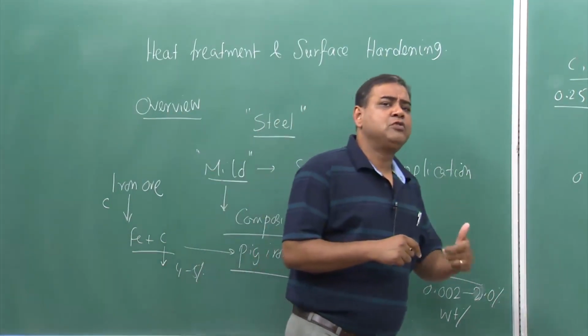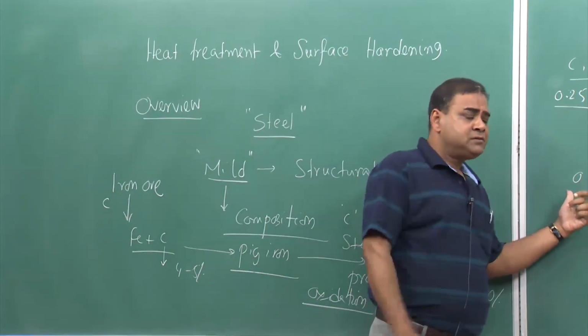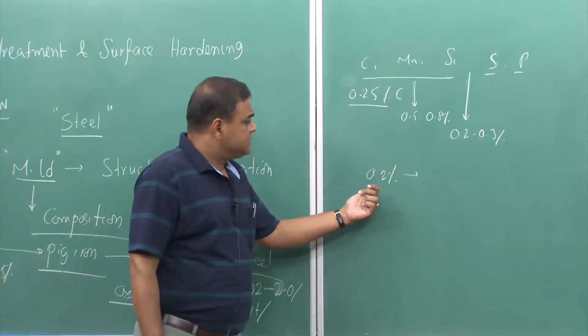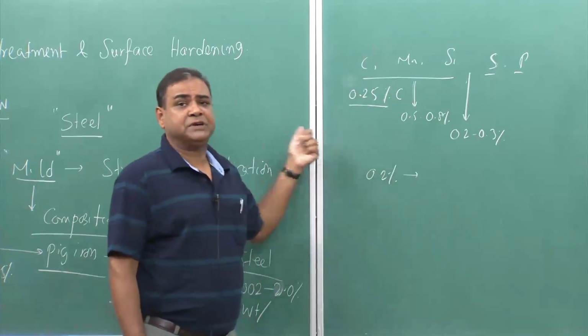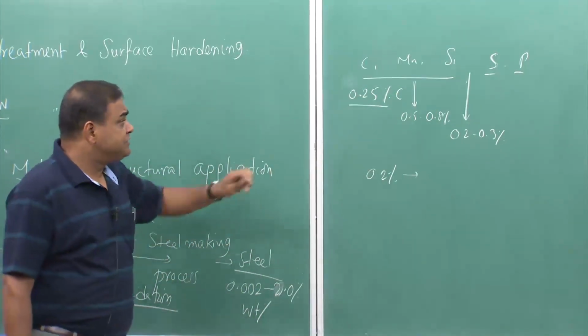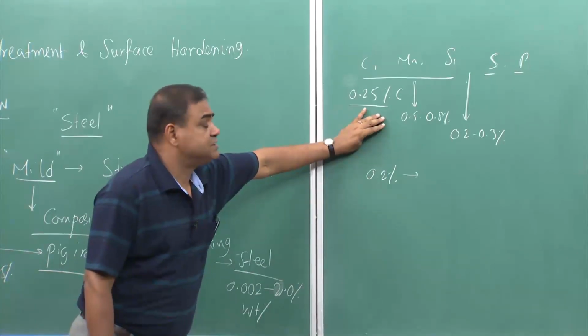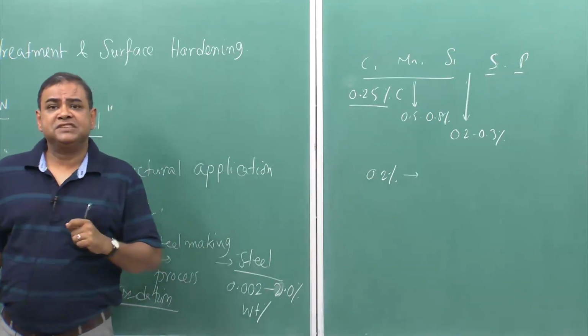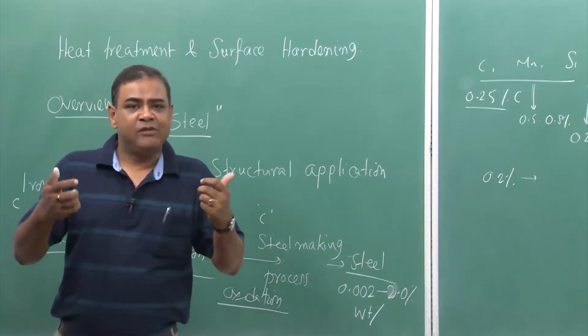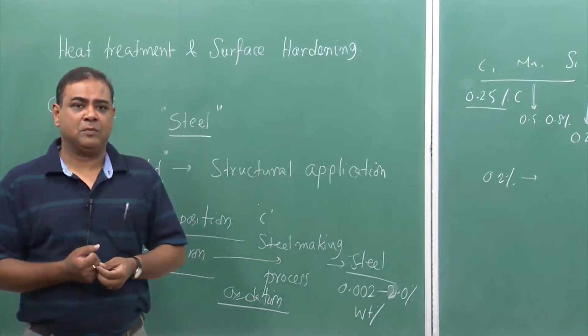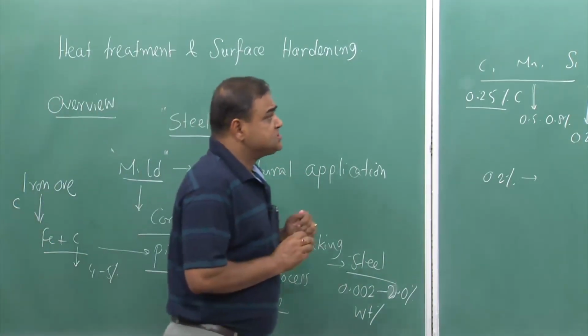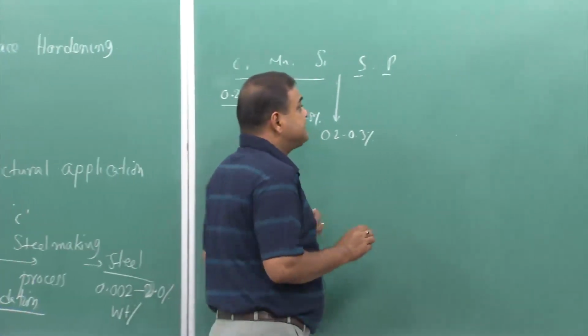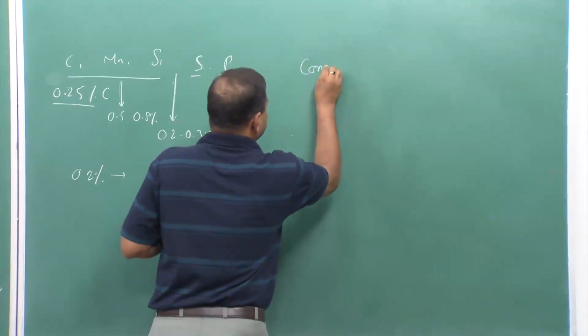Those phase diagram parts we will talk about in the third lecture, but if we consider this particular composition part only, we can see that if we change composition, we can change its properties. We are getting a little bit of idea from this composition. So, composition is one of the major factors we must consider.